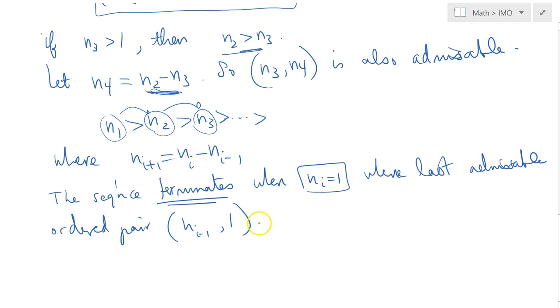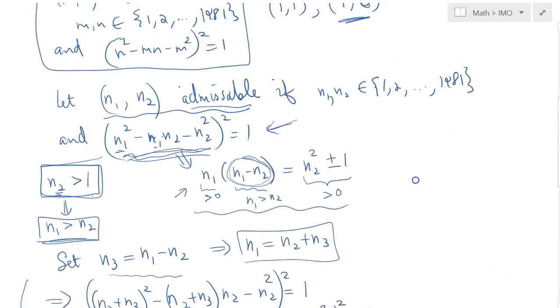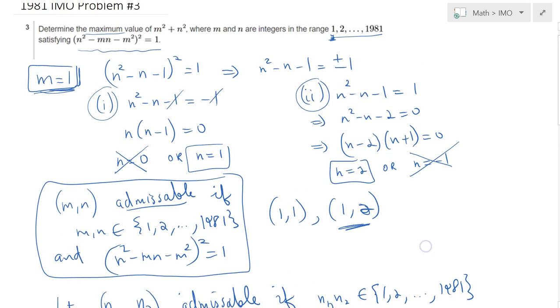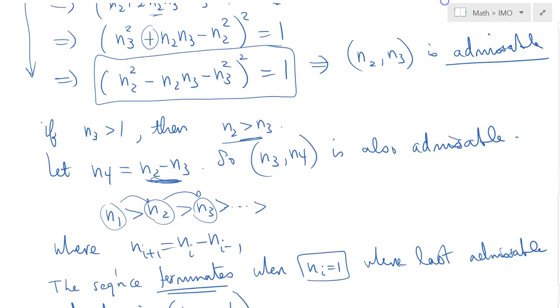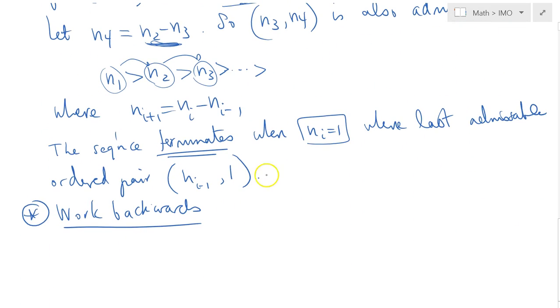And therefore, what we can do is work backwards. So from what we got at the beginning, we know that if m is equal to 1, then n, assuming that n is not equal to 1 as well, would have to come out as 2. So in this particular example, the last admissible ordered pair would have to be 2, 1.